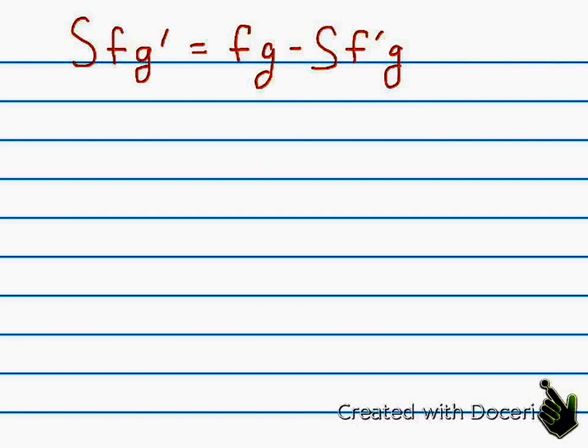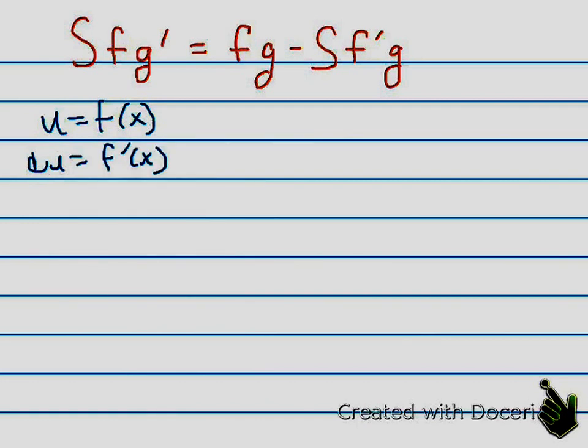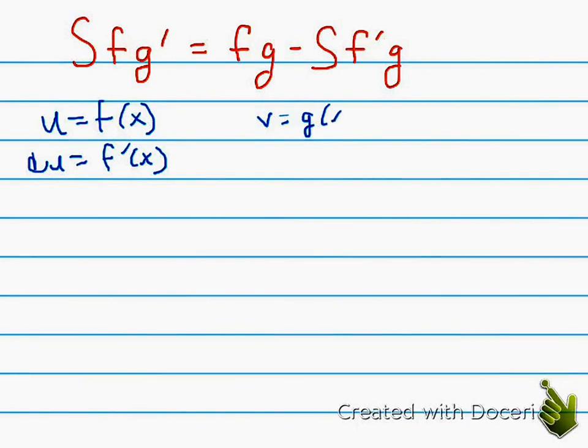In other words, let's say that u is this original function f of x. Then du will equal f prime of x. And then let's say v is this other function, g of x.